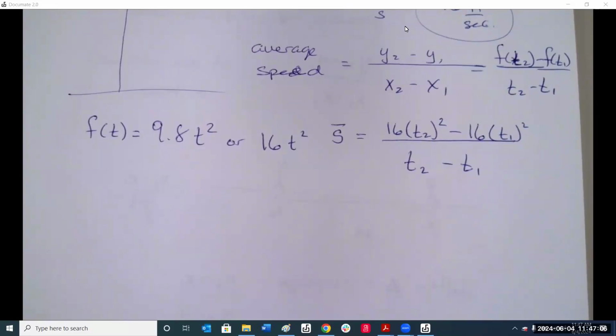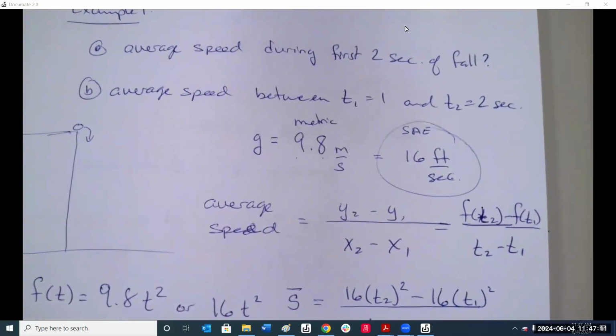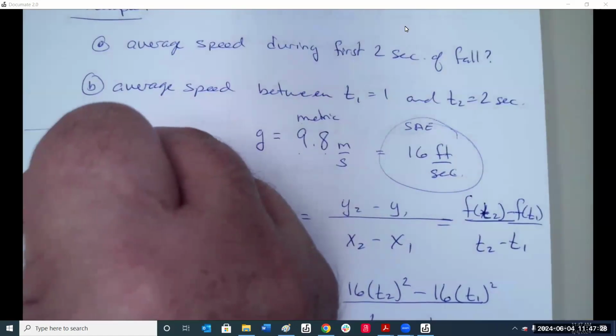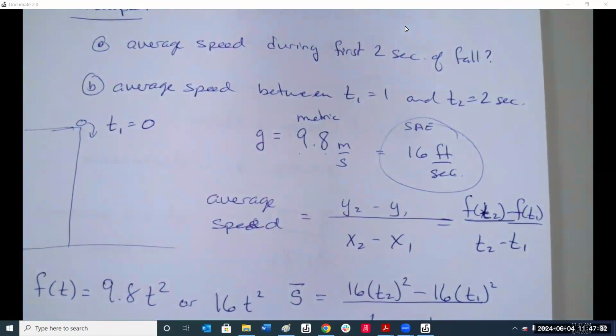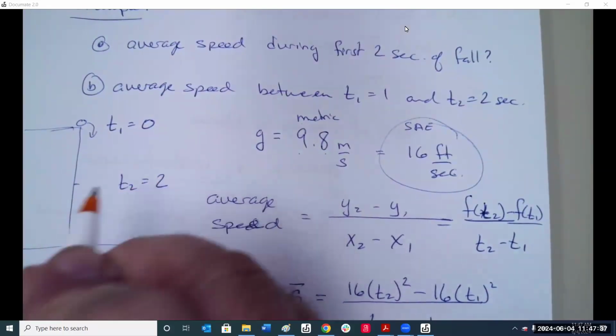So in question A, what are T1 and T2? What are the times? Yeah, T1, when it first starts, the time is 0. And then we want to know what it is at T2, which is after 2 seconds.